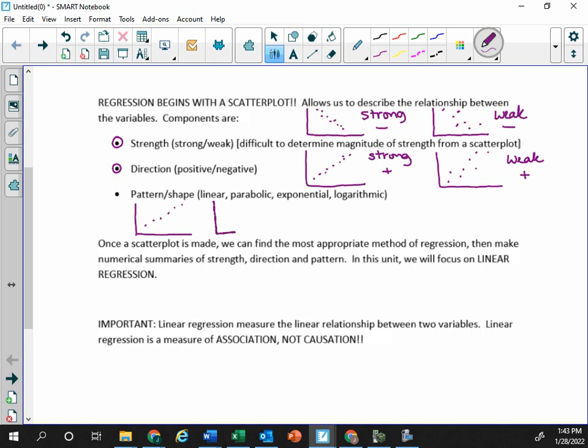Parabolic, that looks like a parabola. So that could be a parabolic shape. It could also be the other direction. Exponential, we know what an exponential graph looks like. Exponential growth. And then your logarithmic.